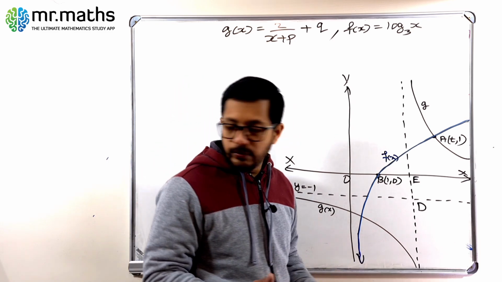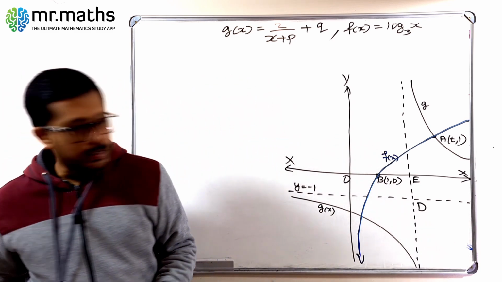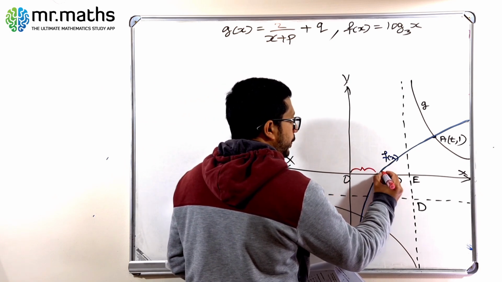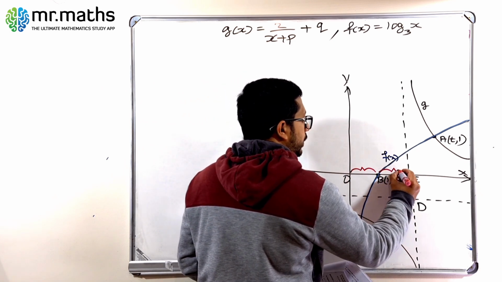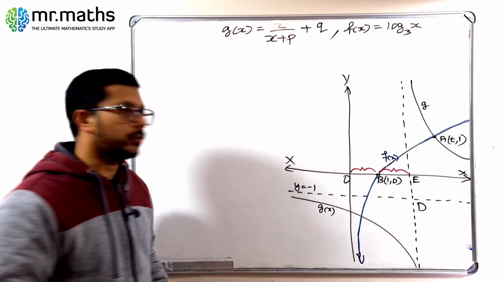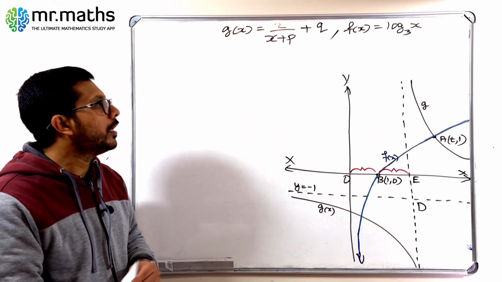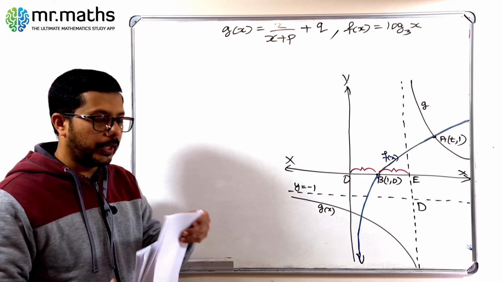So it is given that these lengths OB and BE are equal. Based on this information, we have to answer the remaining questions.